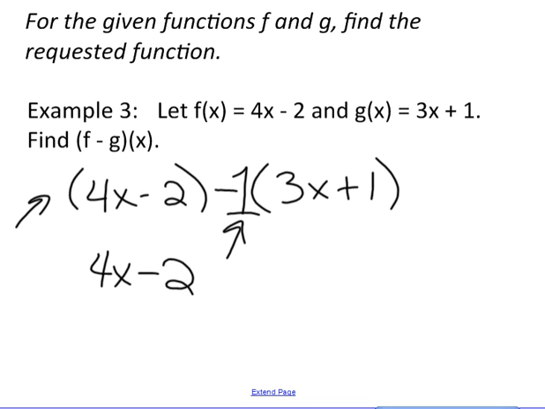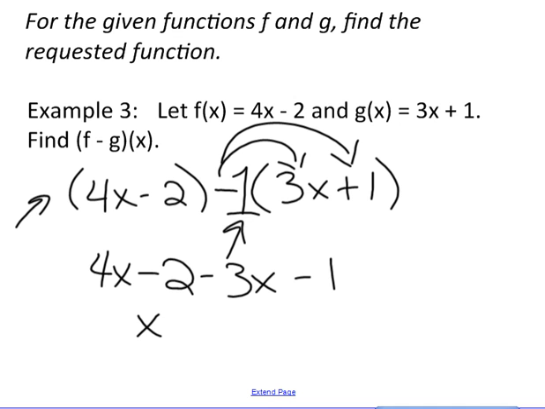But on the second one, I do have to distribute. So negative 1 times 3x will give me negative 3x, and negative 1 times 1 will give me negative 1. Now I combine like terms, x minus 3, so f minus g is equal to x minus 3.